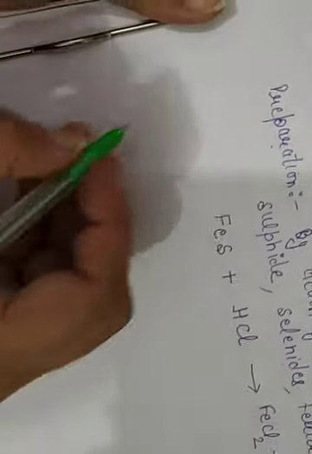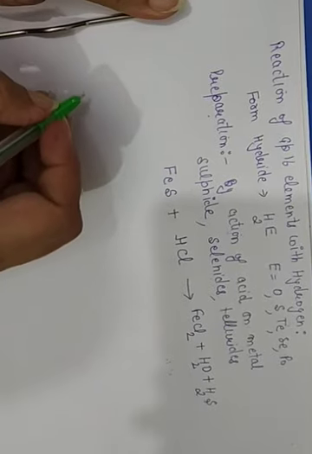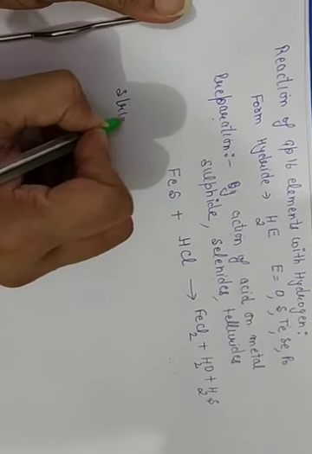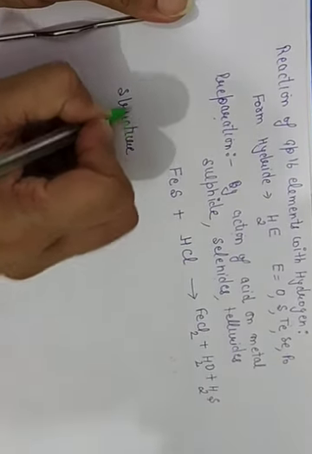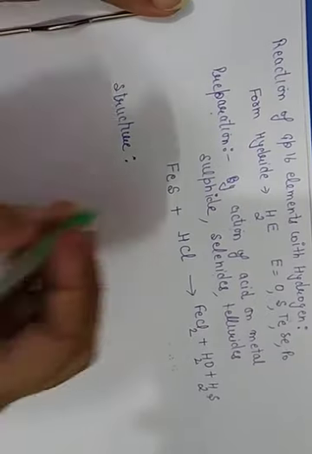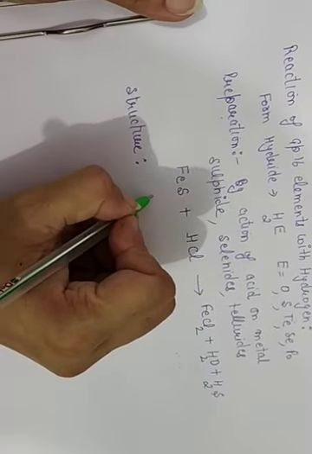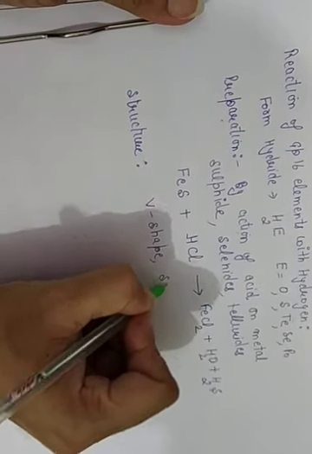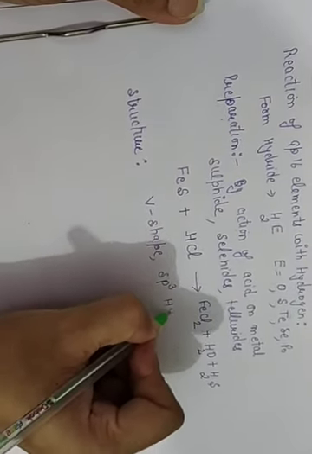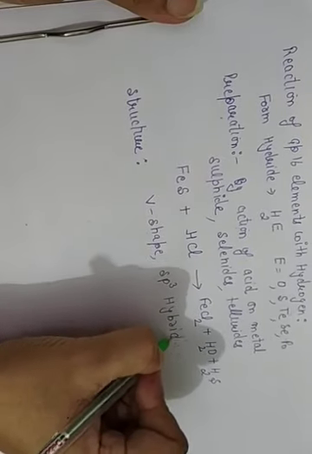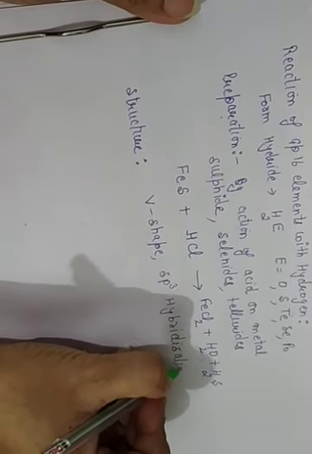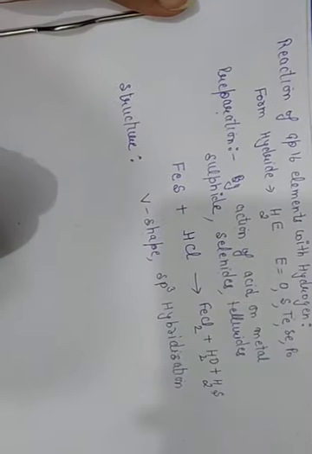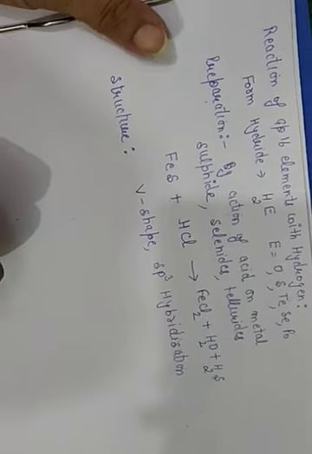Okay, now the next one is structure. Their structure is V shape with sp3 hybridization. How?